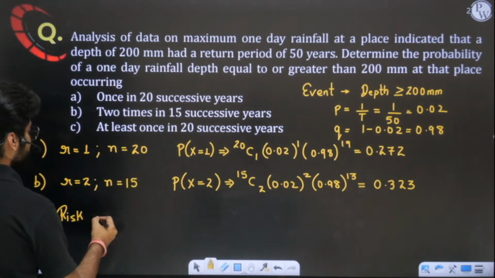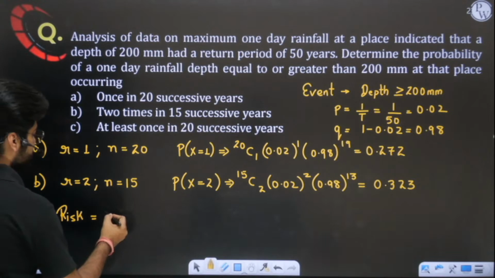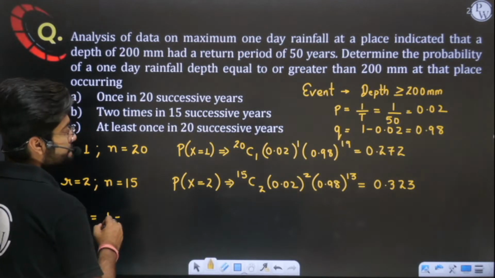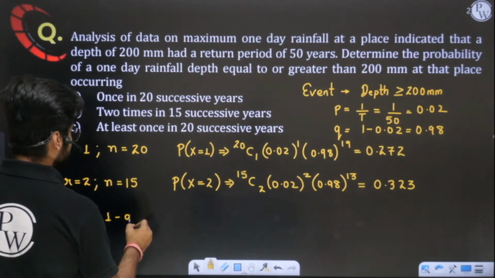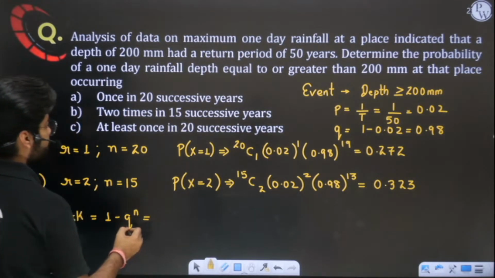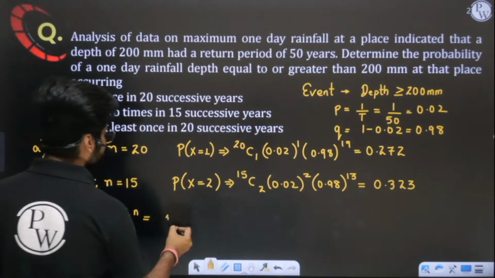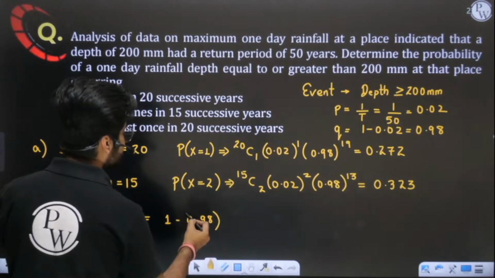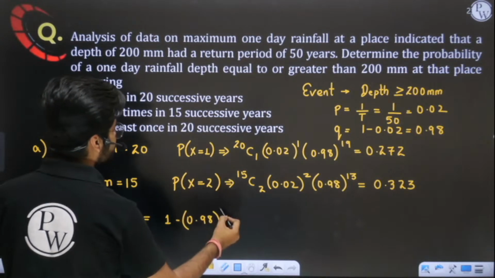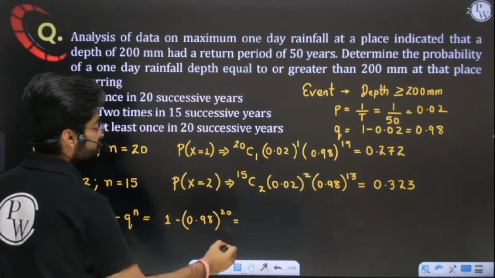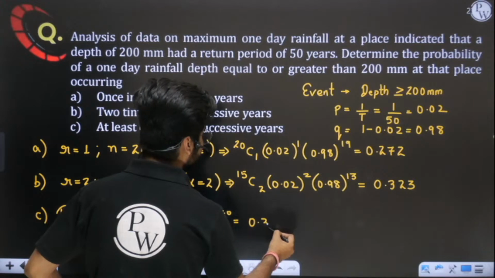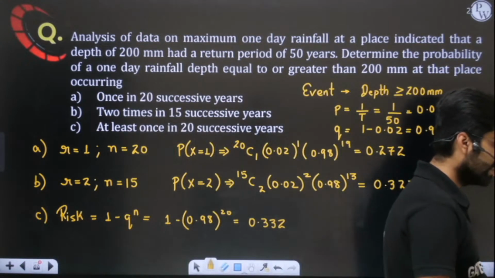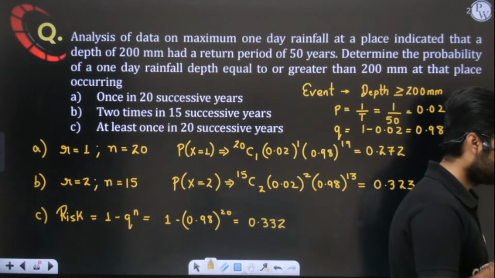So risk is equal to 1 minus q power n. Q here is 0.98, as we have already discussed, and the value of n in the last case is 20. When you solve it, you will get 0.332. Yes, 0.332 simply. Perfect, Sushil.